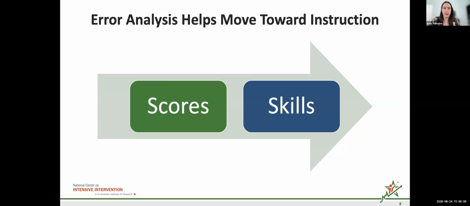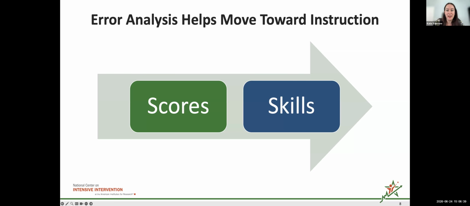Another way to think about that error analysis piece that happens in the diagnostic step is thinking about it in terms of how we move from calculating scores from a student to actually identifying and building their skills. I think this is especially relevant in a domain like writing, where a writing sample of a student often can get boiled down to a single rubric score or a number, a spelling score, or even a very general judgment about a student's writing.